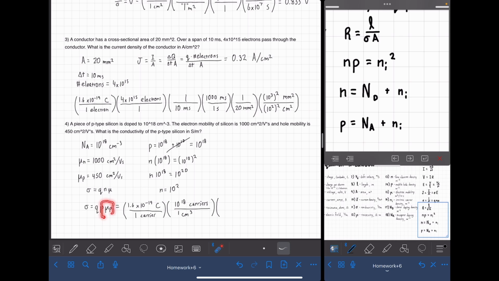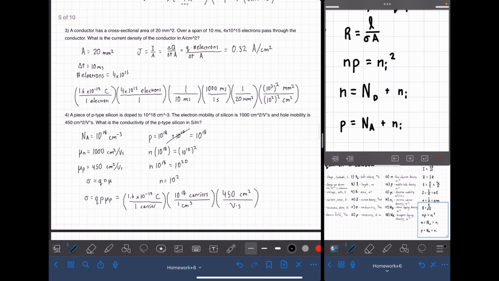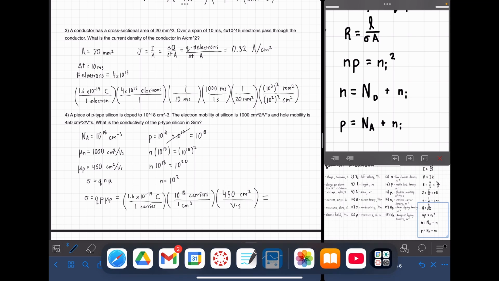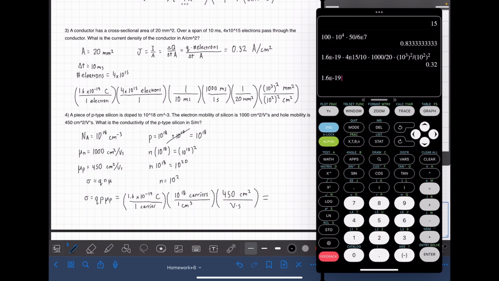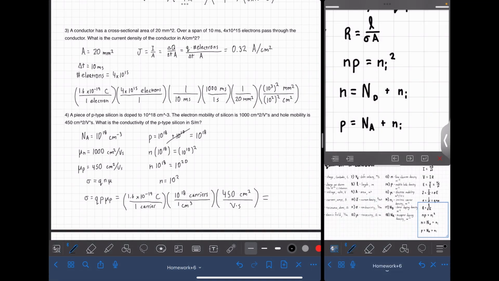We want to use the hole mobility, which is this 450 right here, so we're multiplying right here. And that is everything. If we multiply all these together, we should get our conductivity, and we get 72 Siemens per centimeter.